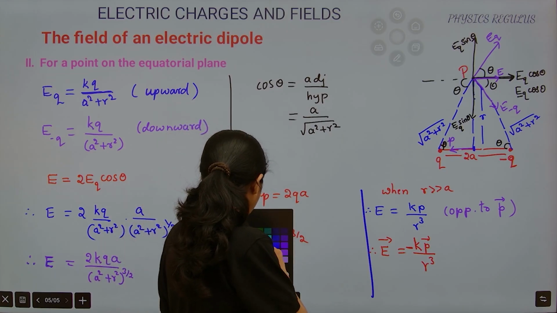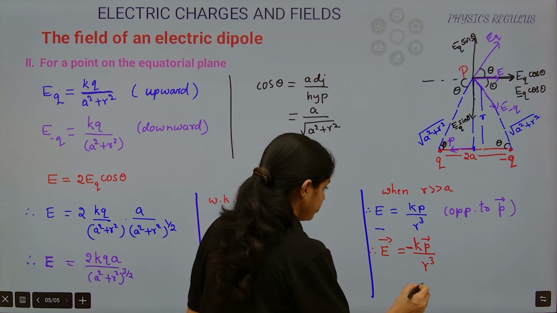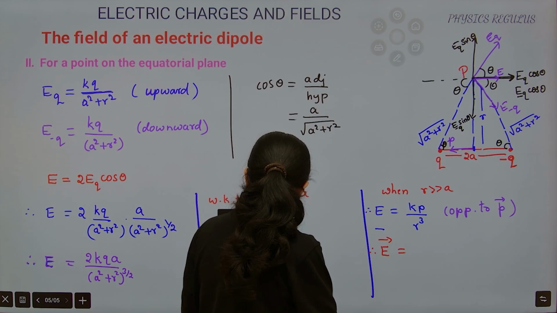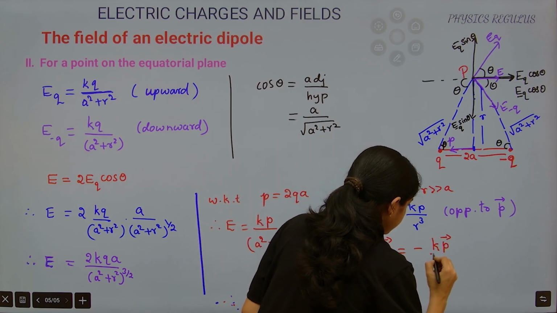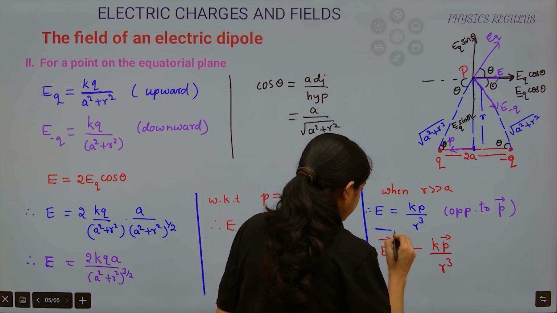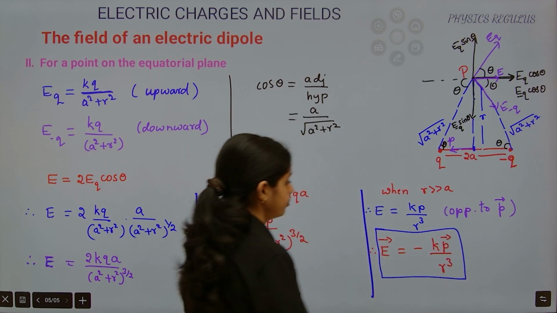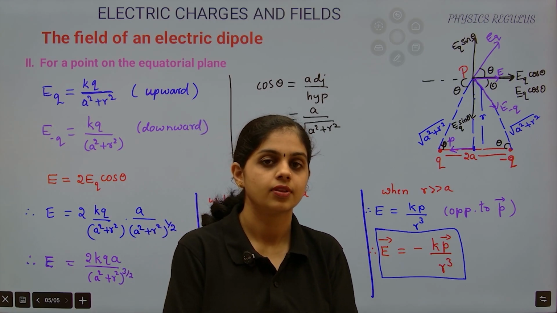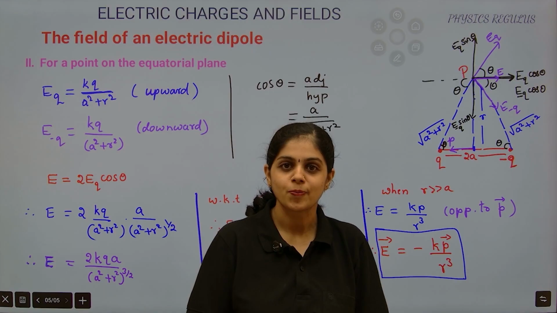Negative sign indicates direction of electric field is opposite to the direction of dipole moment. This is about electric field due to dipole.